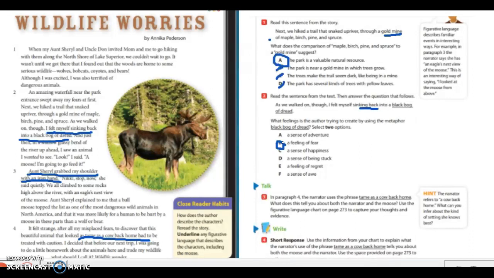Adventure, no. Happiness, no. Being stuck, maybe. Regret, no. Or awe, and no. Because dread in black bog seems like a very negative thing. So when I think of this, being stuck would be the best option because that is the meaning of the feeling they are trying to portray by black bog.